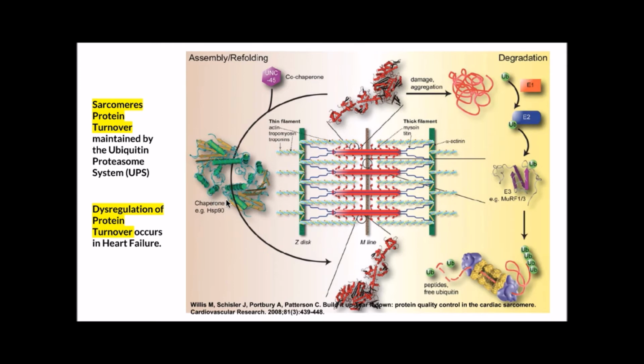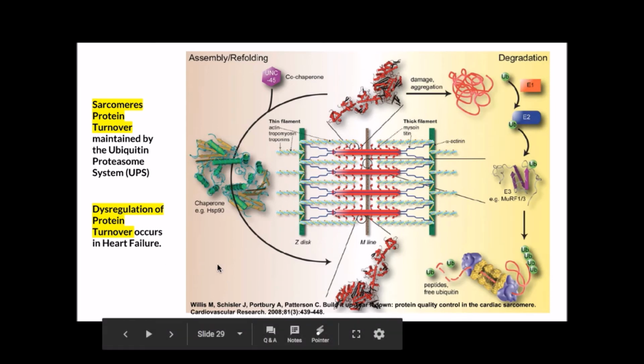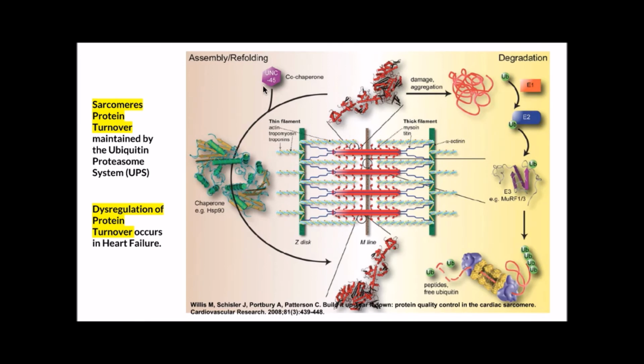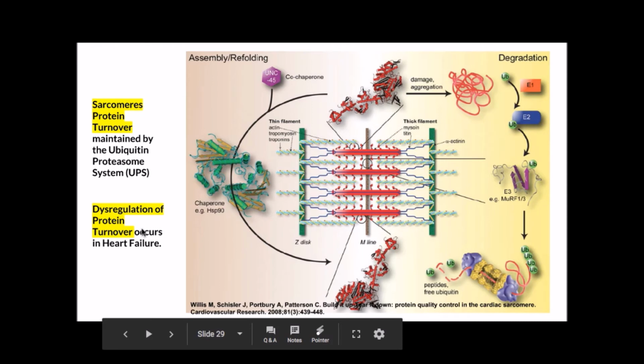This is balanced by the specific ubiquitination and degradation of proteins by the ubiquitin proteasome system. The example given here is the co-chaperone UNC45 and HSP90, which is required for the assembly of myosin. The balance of this specific ubiquitination and degradation is important, such that it involves specific ubiquitin ligases that place polyubiquitin tails on targets for degradation.